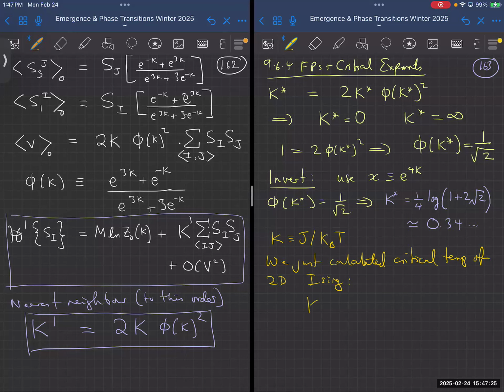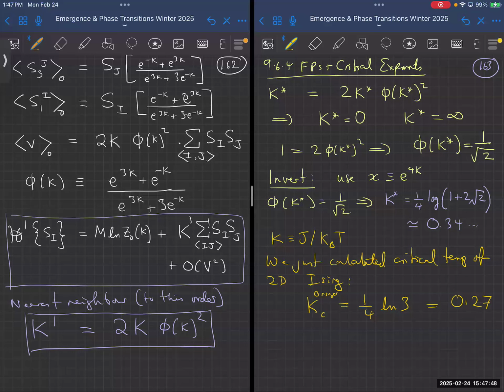And so what we got was 0.34. And if you take Onsager, what he found was it's 1/4 log 3, and so that's about 0.27. So that's pretty good. That's not bad.